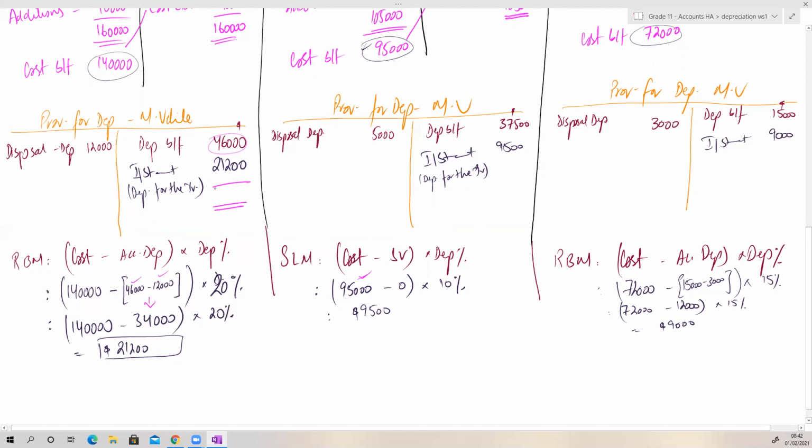This is 67,200. 67,200 minus 12. So depreciation carried down will be 55,200, or depreciation brought forward for the next year is 55,200. Now this one is 38 plus 9 is 47,000. 47 minus 5 is depreciation carried down 42.